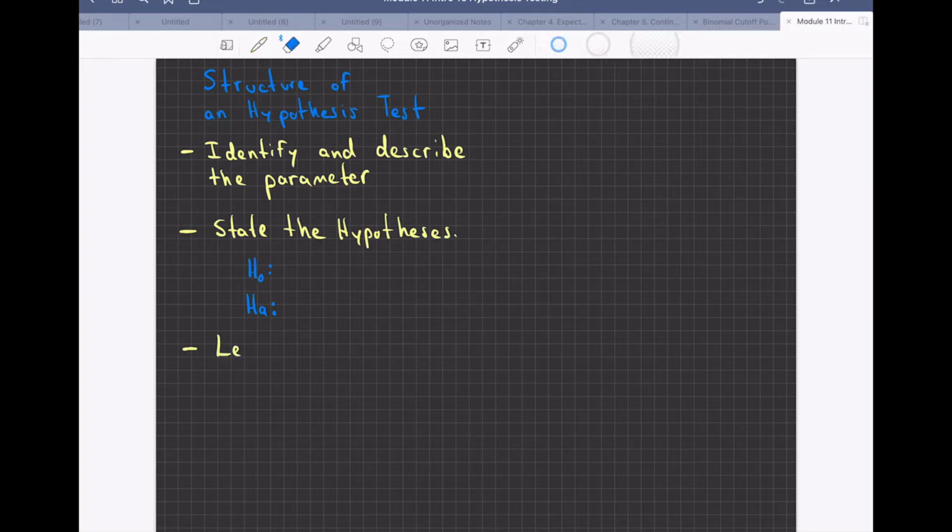State the level of significance. That number is going to be alpha, the value of alpha.